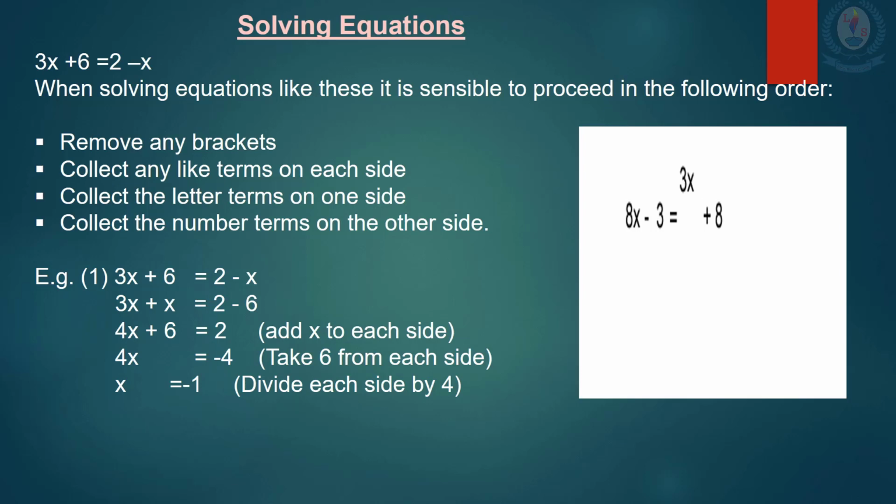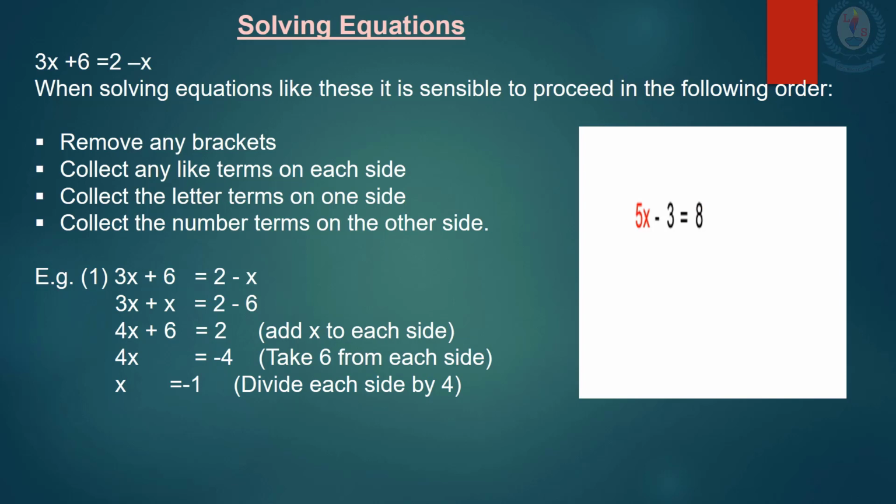Solving equations. This is an equation. It means that the left hand side is equal to the right hand side. We can think of the two sides of an equation as the contents of the two pans on a pair of scales, which are exactly balanced.